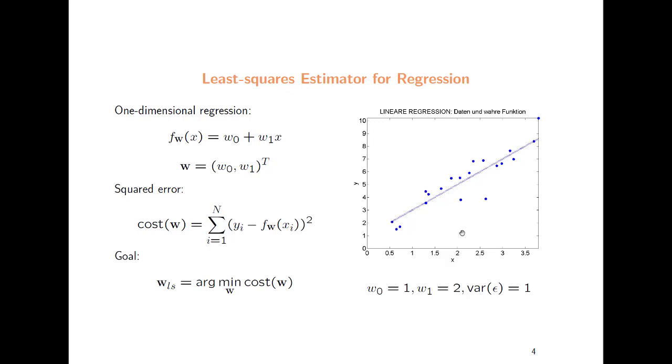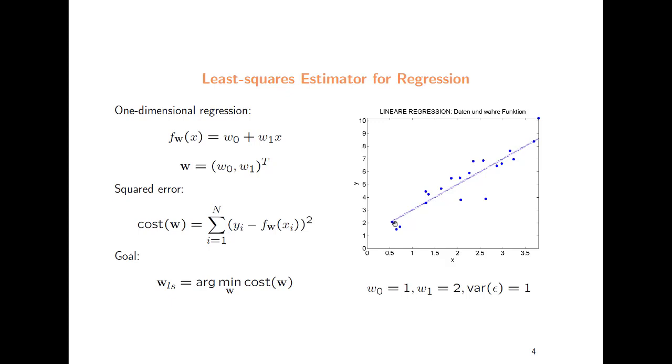In this case, we can easily visualize the data points. Here are these dots, and what we are getting is this equation here, or this formula here. It's a linear function because it's a linear system.